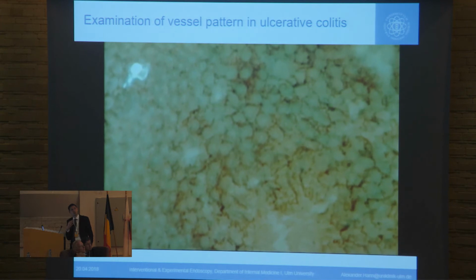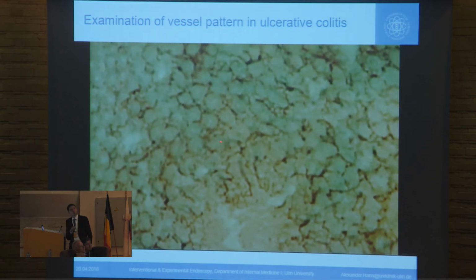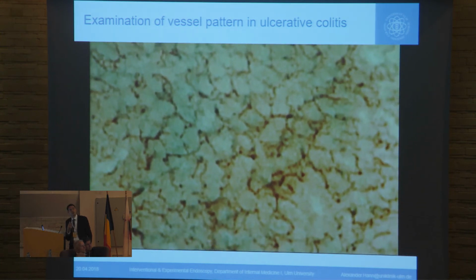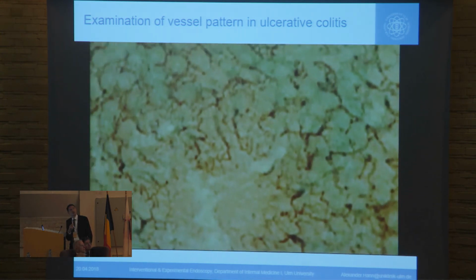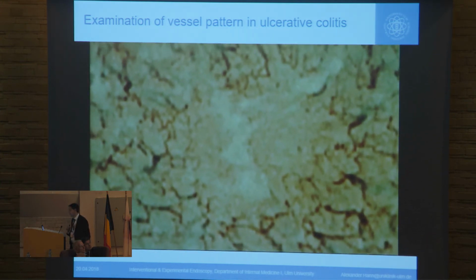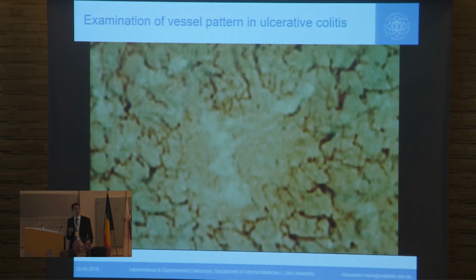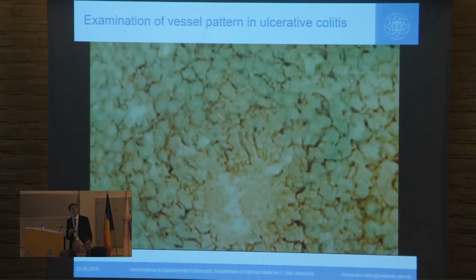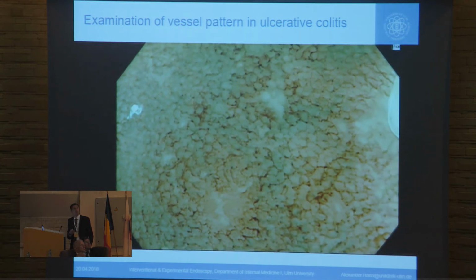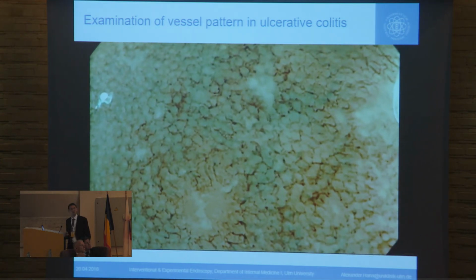And when we use our digital zoom and also increase the structure, you can clearly see how nicely you can look at the small vessels and describe patterns of those vessels of the colon mucosa. It's like under the microscope.